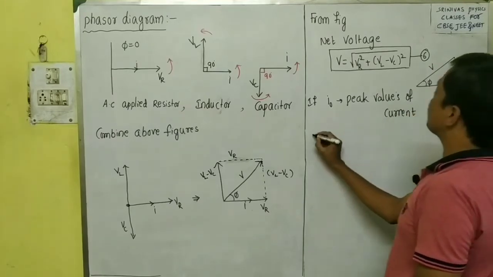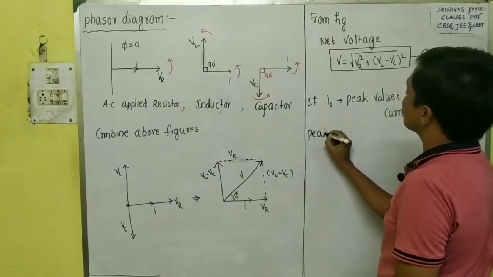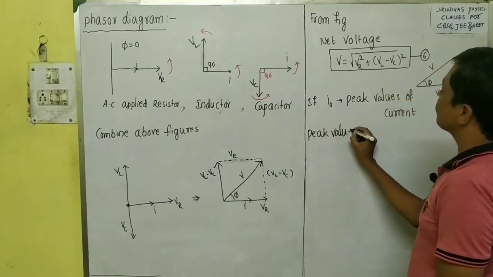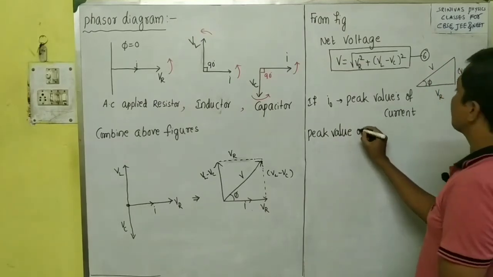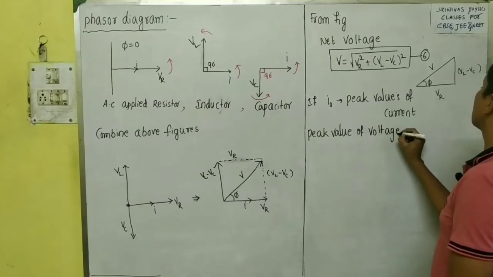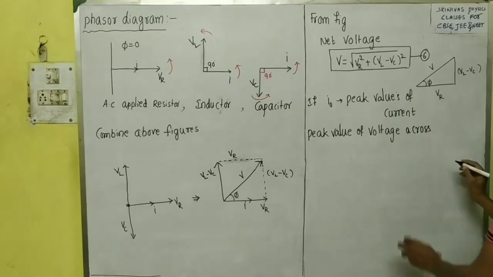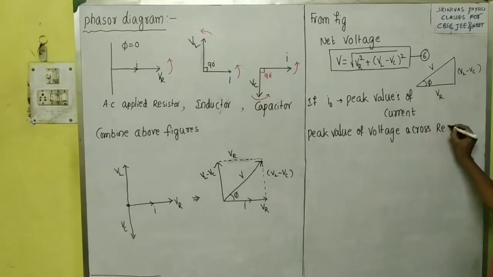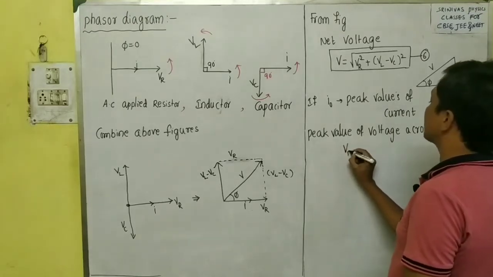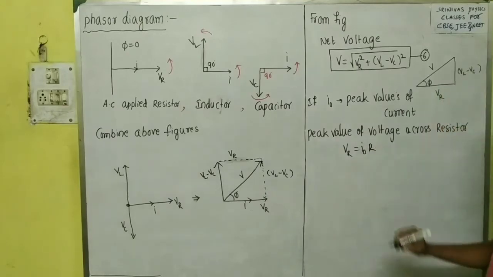Then I want the peak value of voltage across the resistance. Peak means maximum value. What will you get? We will take it as VR. There is a current into resistance, right? Peak value of current into resistance.